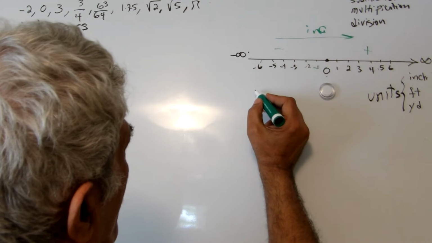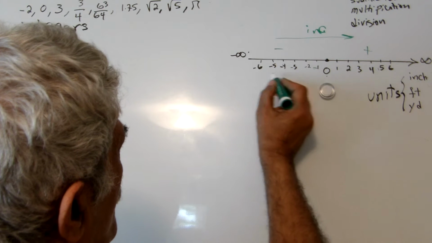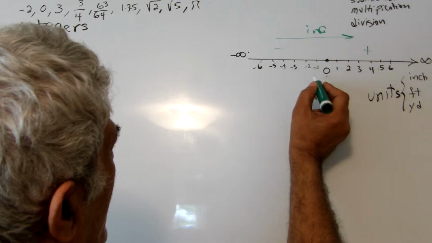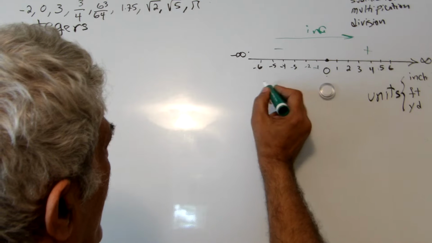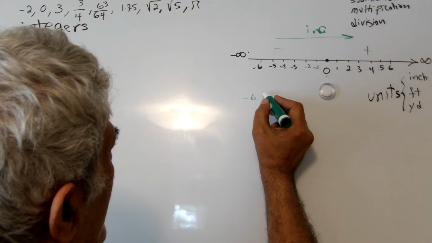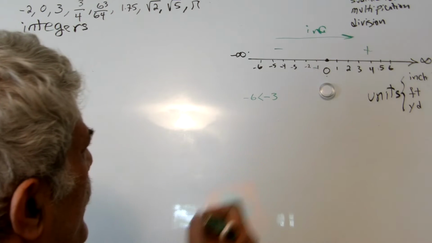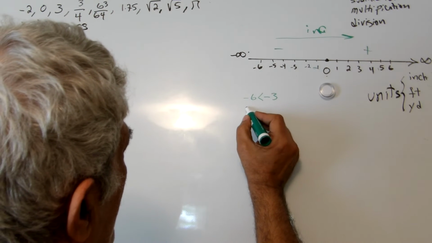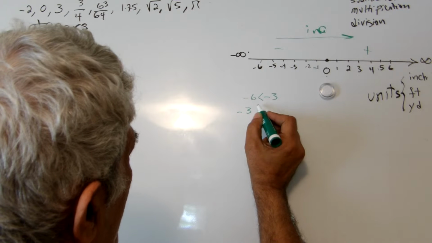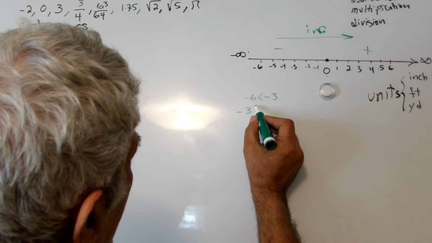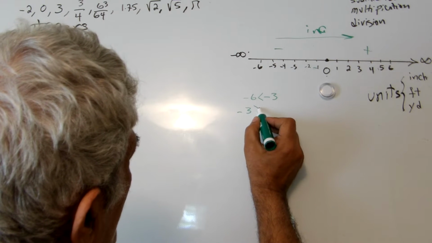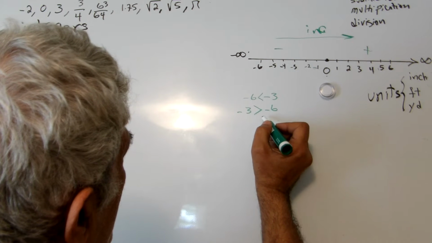If you go this way, it's decreasing. Like -6 is less than -3. Actually, we can say it the other way around. The -3 is larger than -6.